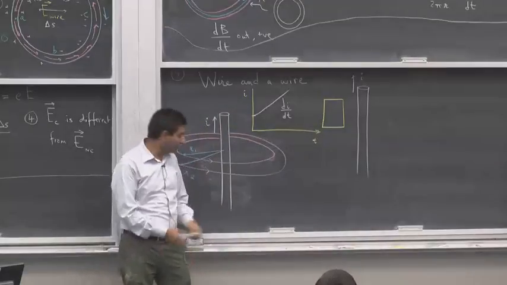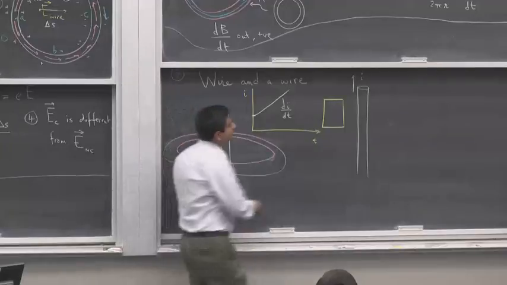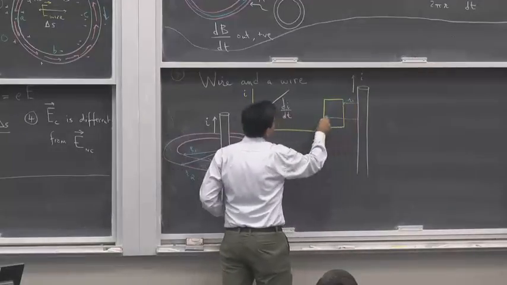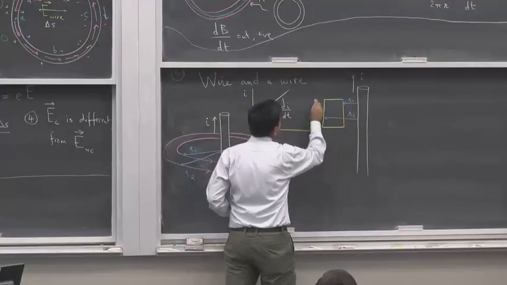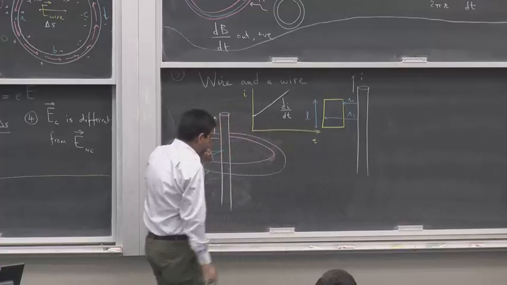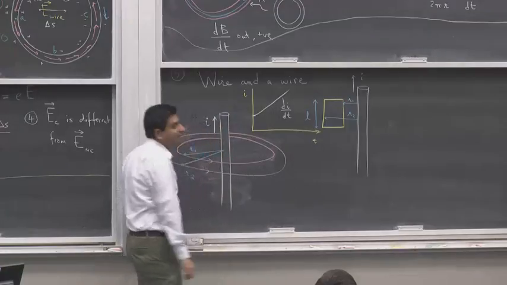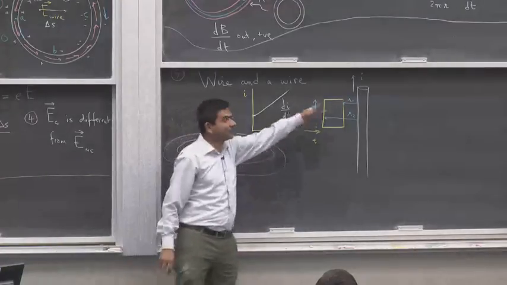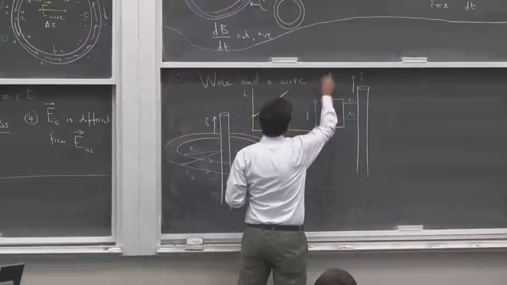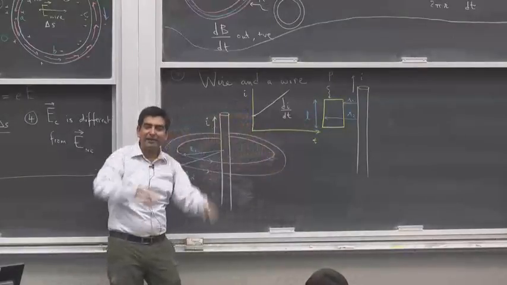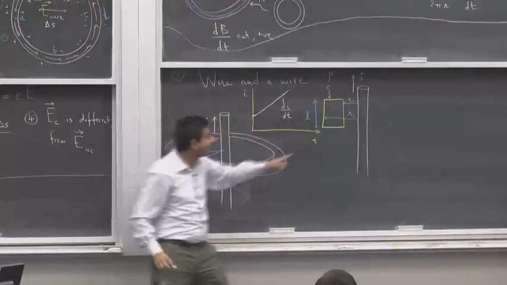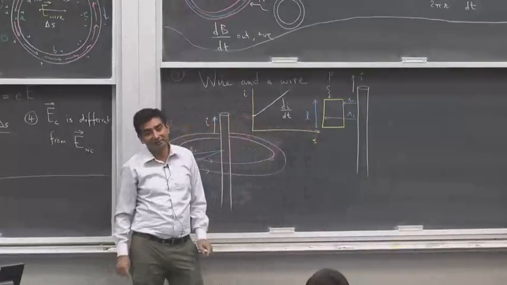And I would like to invoke Faraday's law here. So this distance is R1, this distance is R2, and this length is, say, small l. Let's call this circuit P. If I would like to find out E dot dl around P, which is just the EMF inside this wire, which will determine whether current is going to flow through this wire or not.